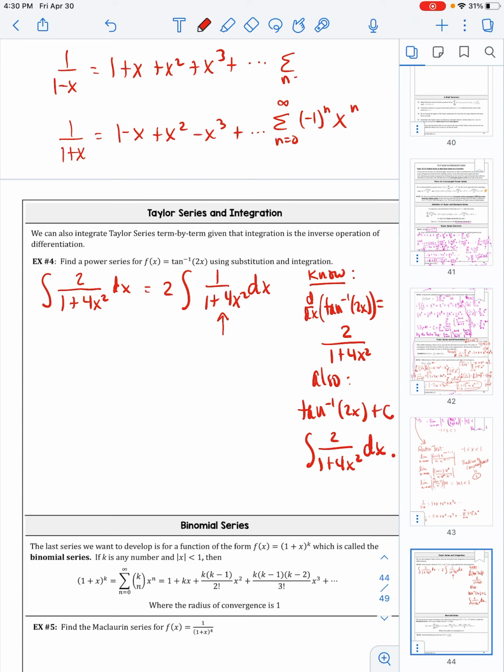That was our 1 over 1 plus x, because our 1 over 1 minus x, that was our 1 over 1 plus x. Our 1 over 1 minus x was 1 plus x plus x squared plus x cubed plus dot, dot, dot.